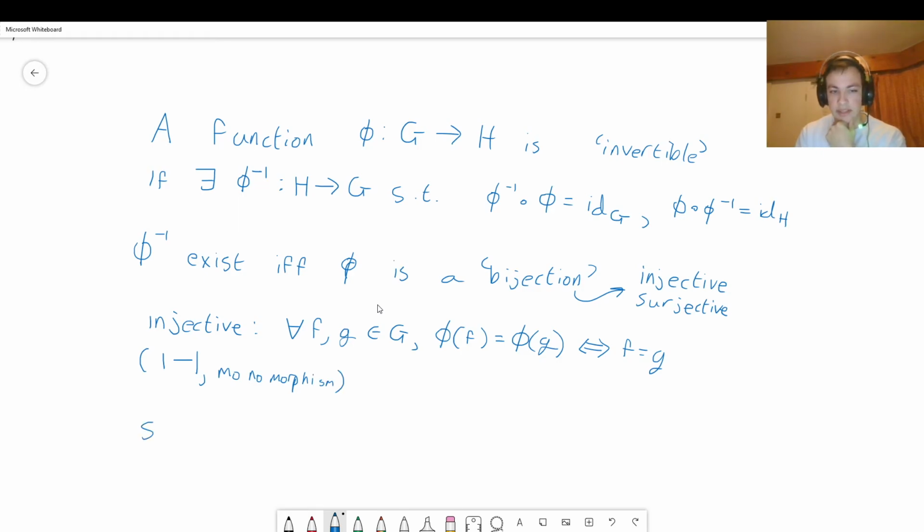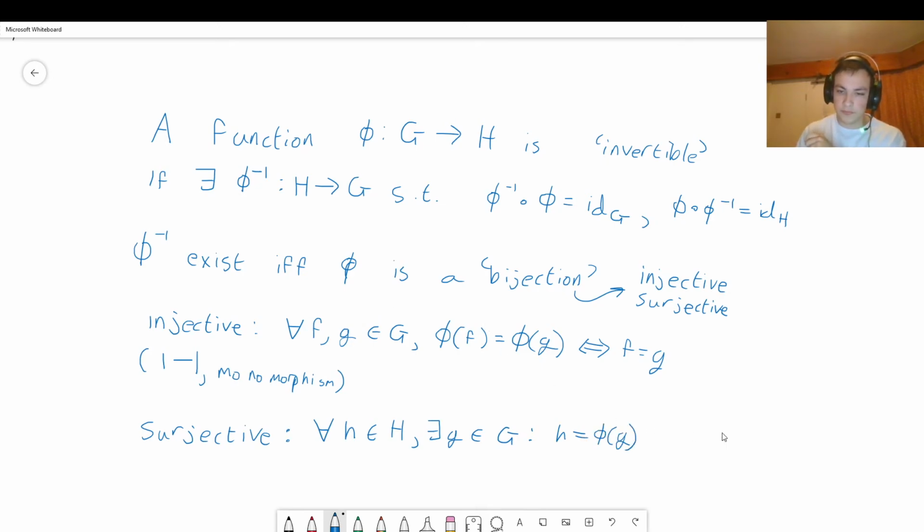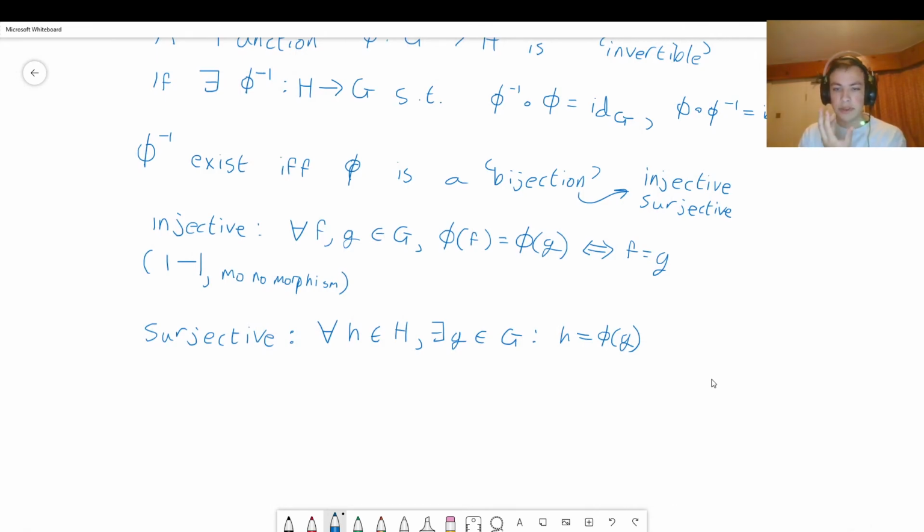Okay, and then surjective means that it also covers H, so there's nowhere in H that you can't reach with phi. So for all h in H, there exists a g in G such that h is the mapping of g. We could also call these onto mappings or epimorphisms.